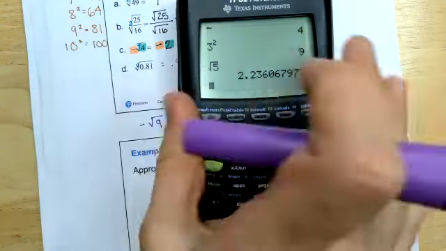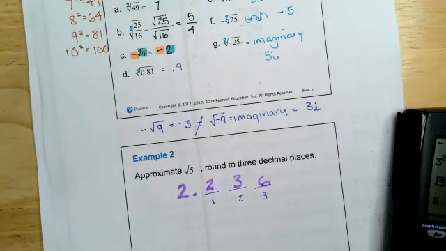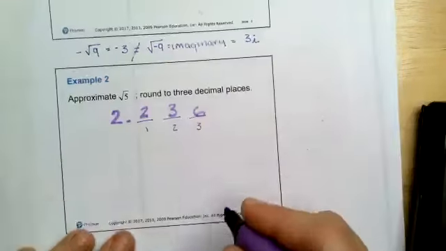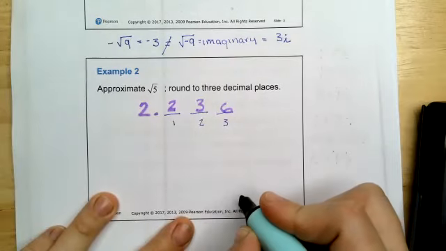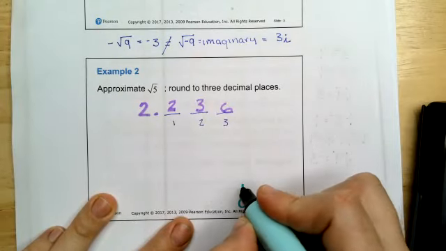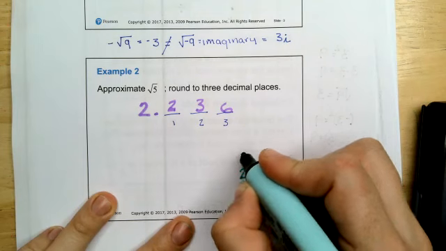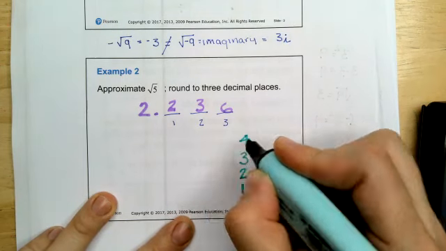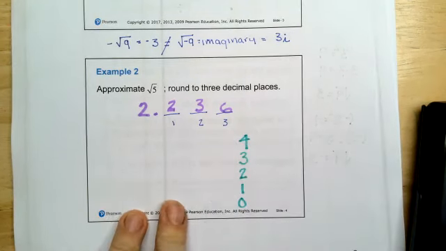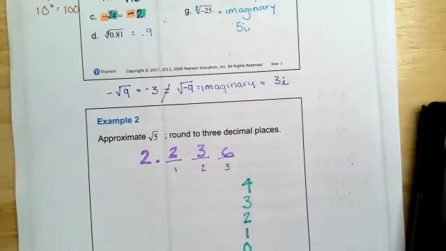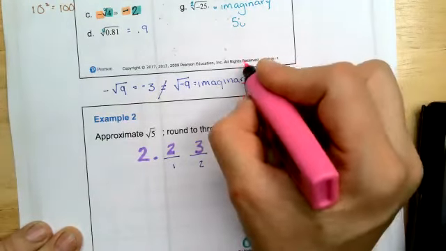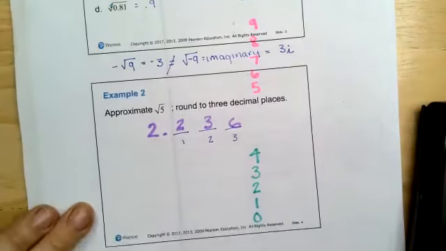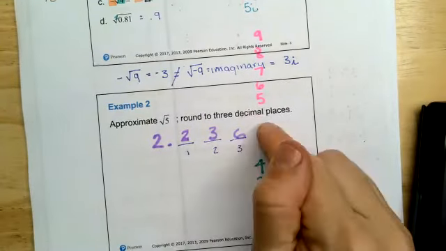The possibilities for the term after this could be 0, like it was. It could be 1. It could be 2. It could be 3. It could be 4. Or it could be 5, 6, 7, 8, and 9, right? It could be any of those numbers right here.